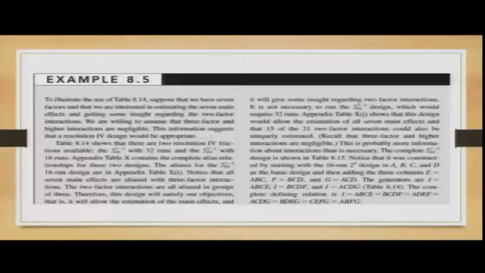To illustrate the use of the table which you have just considered, suppose that we have 7 factors, where k is given, and we are interested in estimating the 7 main effects, their individual effects, and obviously we will try to replace them in the combined one, and get some insight regarding the 2 factor interaction. We are willing to assume that the 3 factor and higher interactions are negligible. So, obviously 3 factors, 4 factors, okay.